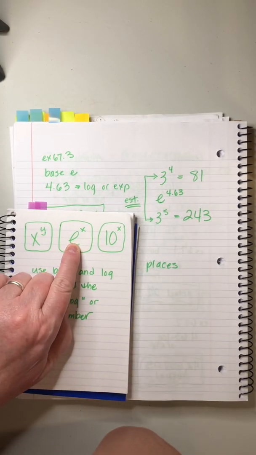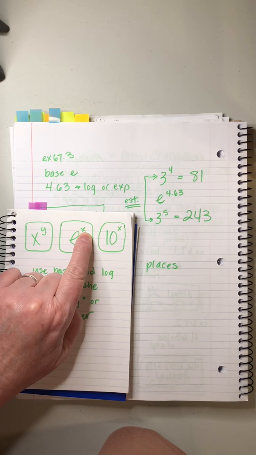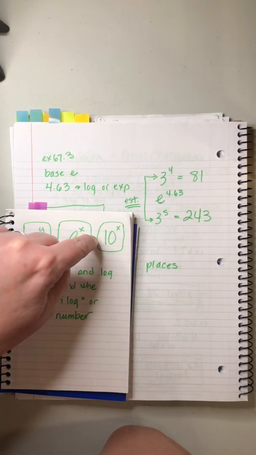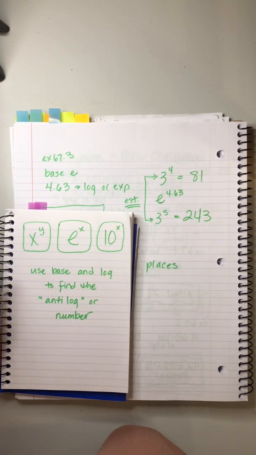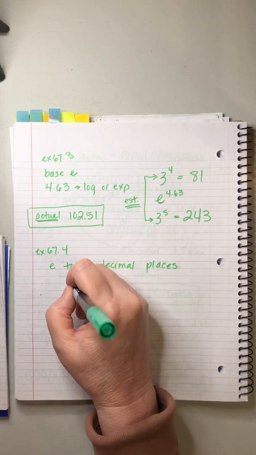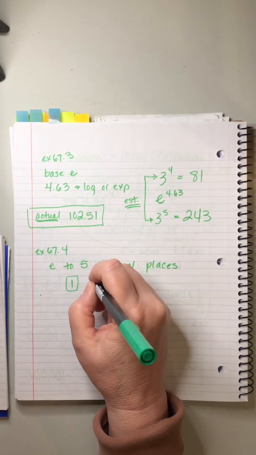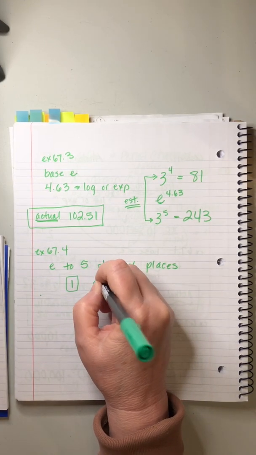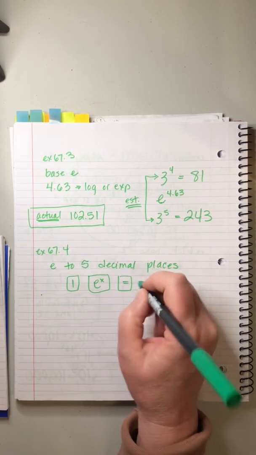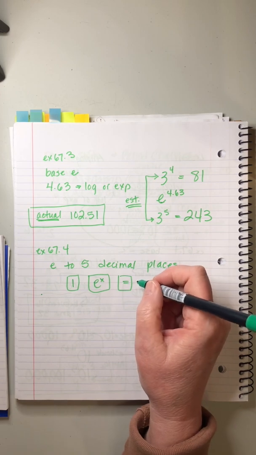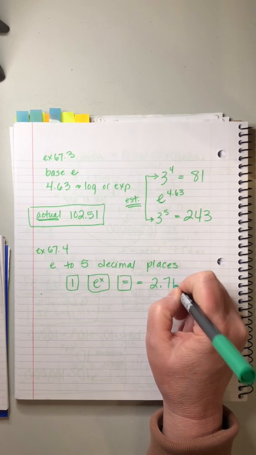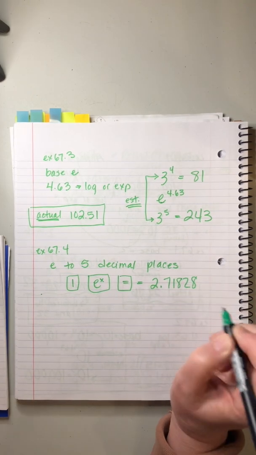If you enter 1 as the exponent, you would hit the 1 first, then this function key, then equals, and that will give you the value of E. It will tell you that it is 2.71828.